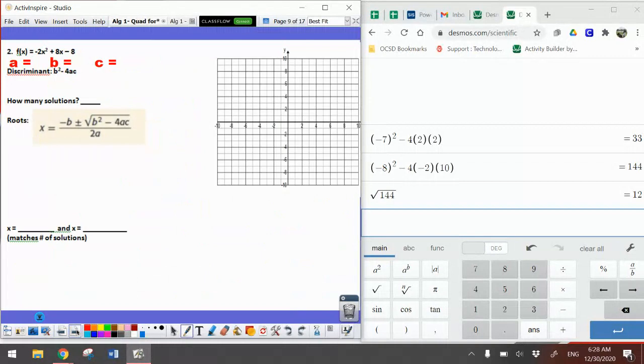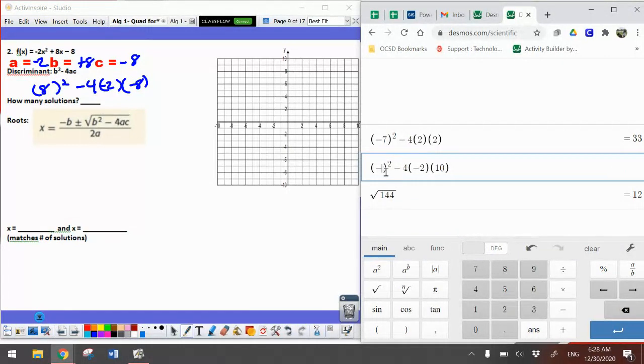Okay, let's try another one. In this case, we've got A is -2, B is +8, and we've got C being -8. So b squared minus 4ac, so 8 squared, a -2, and a -8. All right, let's throw that in there.